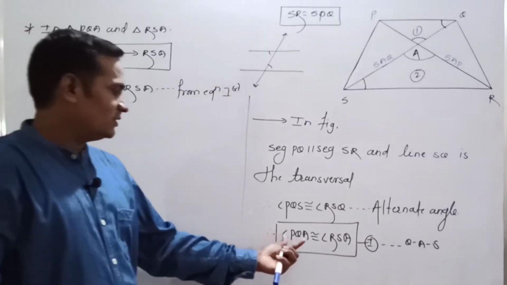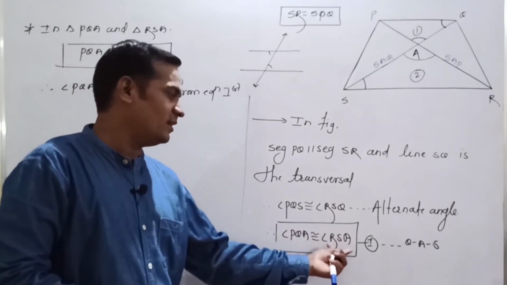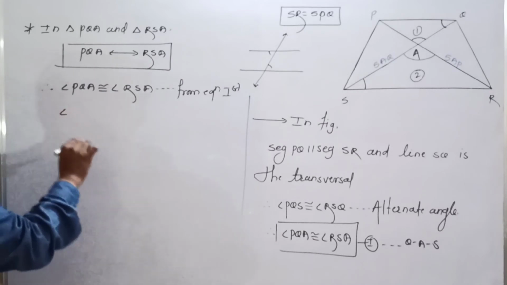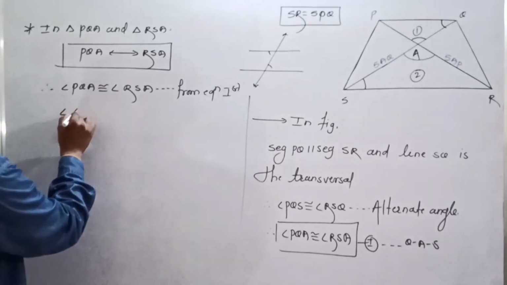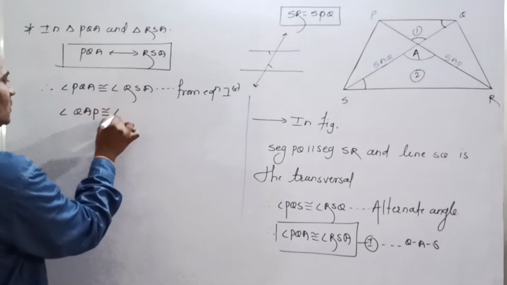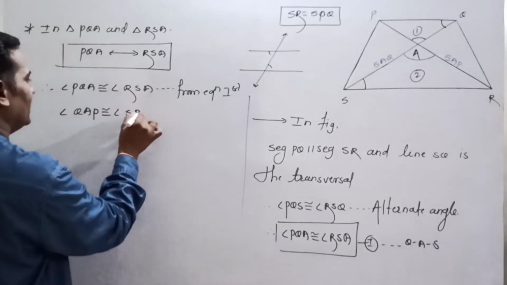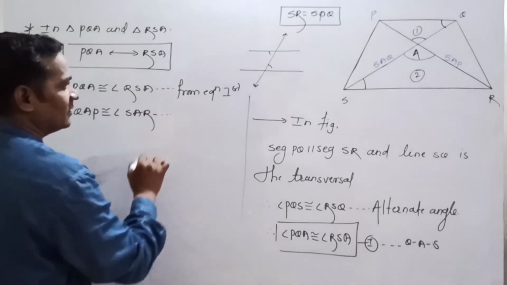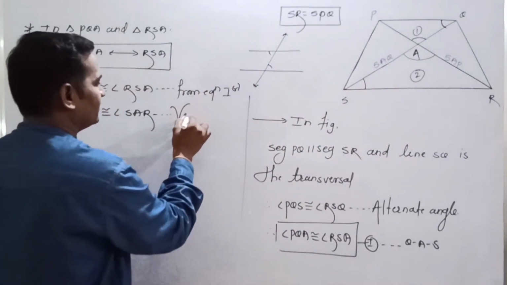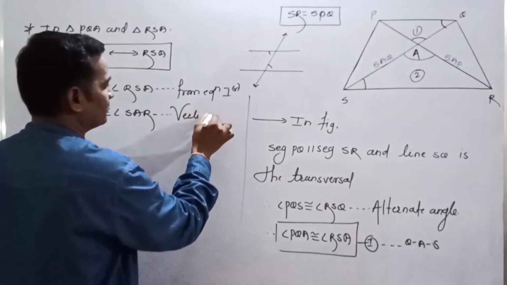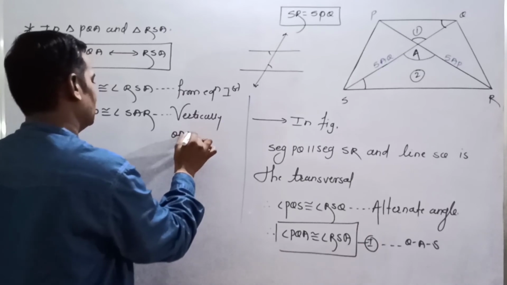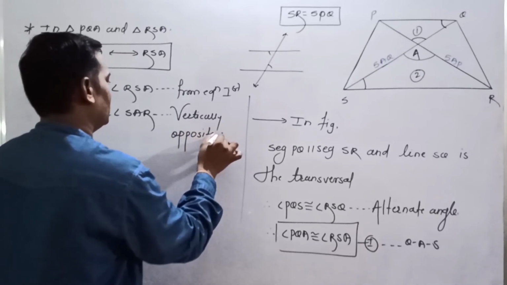We already proved that PQA is congruent to angle RSA, and which angle now? That angle QAP is congruent to angle SAR, and this is vertically opposite angles.